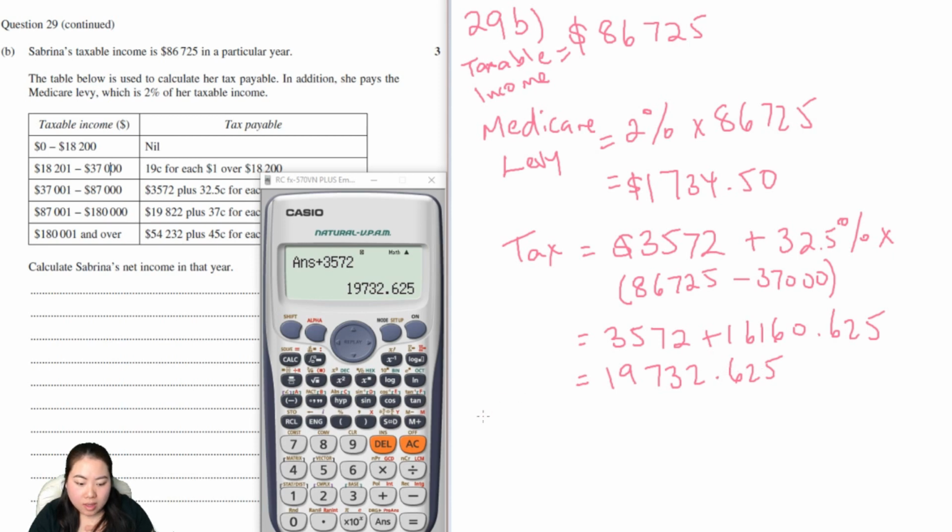The net income is going to be 86,725, so her total income, minus the Medicare levy, and then minus her tax.